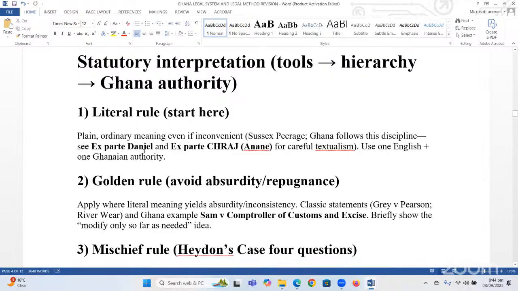What do you call the literal rule? The literal rule, or what you used to call the primary rule of interpretation. That approach looks for the plain or ordinary meaning. It is a view that the legislation is written in the English language. So in ordinary English, what is the meaning of whatever is presented? What meaning will the user of the English language make of it?